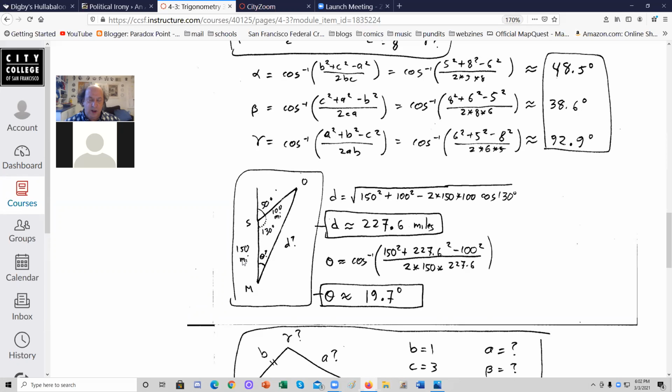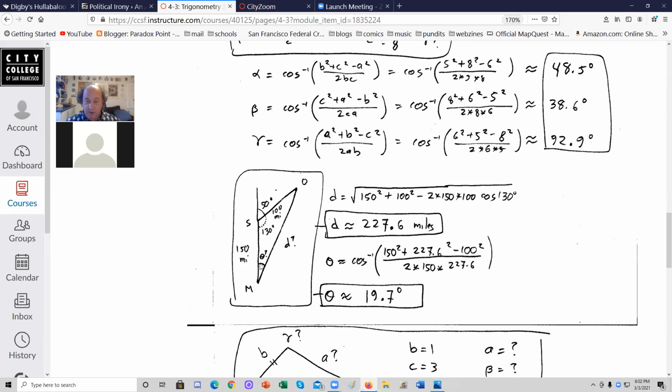So we have 150, 130, and 100. So D is the square root of 150 squared plus 100 squared minus twice 150 times 100 times cosine of 130. Push the few buttons, bingo. D is about 227.6 miles.